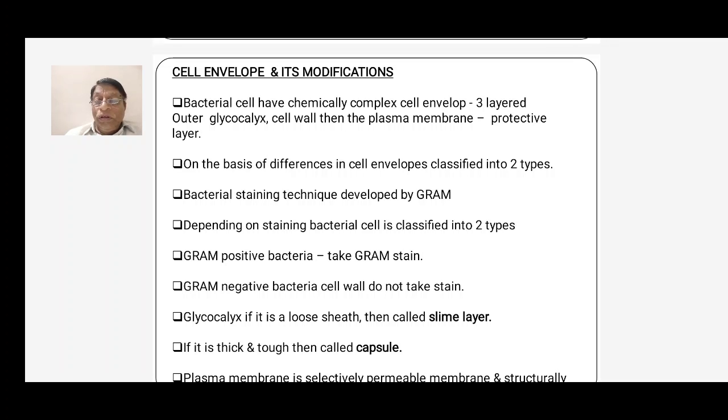In addition to this, eukaryotes have cell organelles. But the prokaryotic cell does not contain cell organelles. So very important is the eukaryotes have eukaryotic type of nucleus. Prokaryotes have prokaryotic type of nucleus. Both of them have the ribosomes.